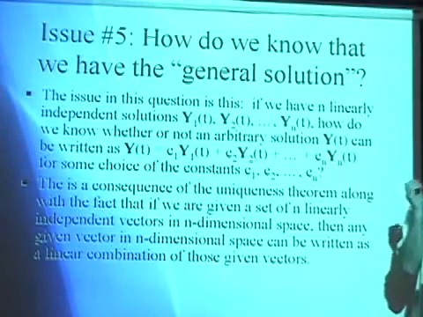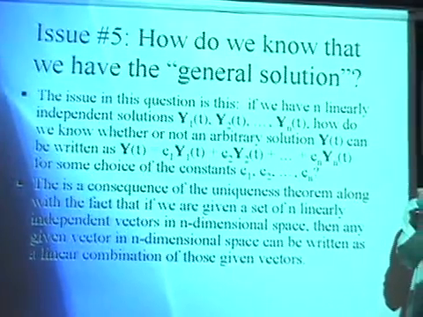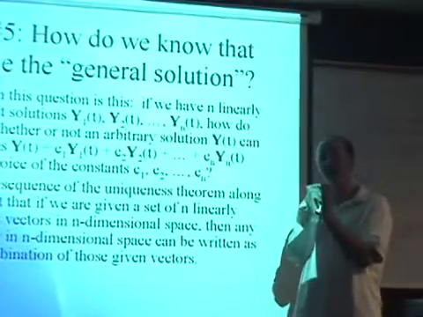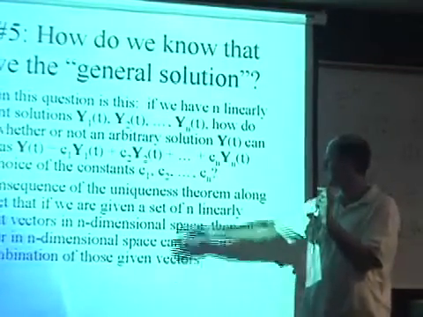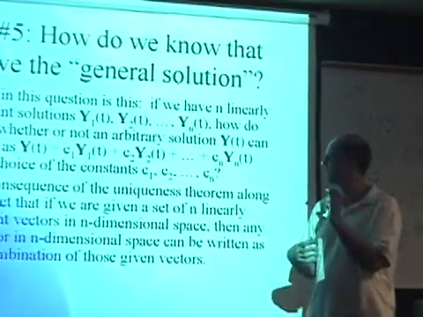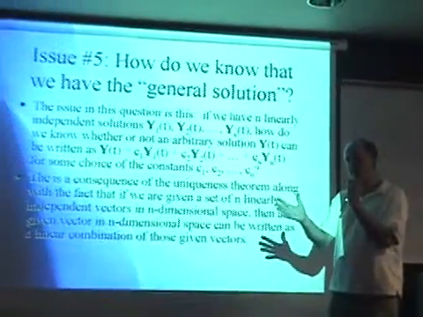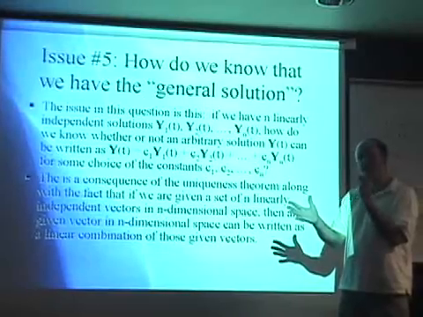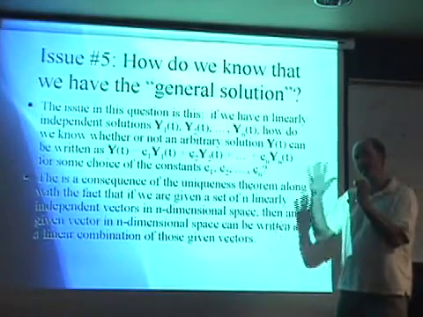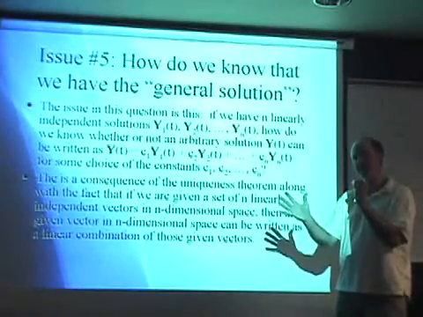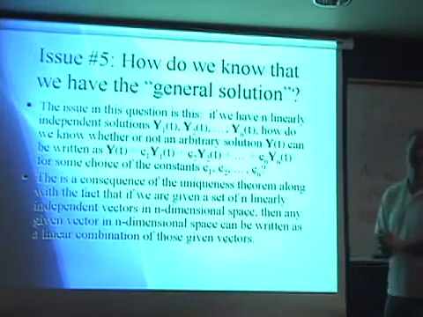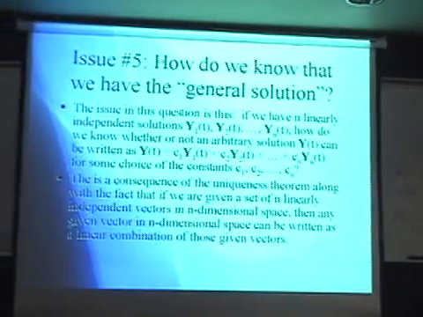If you're given a fixed vector, let's say not parallel to any of these n vectors, and all those other n vectors are linearly independent, you're going to be able to write that other vector as a linear combination of those n. That's possible to show. In a class called linear algebra, they would do that.